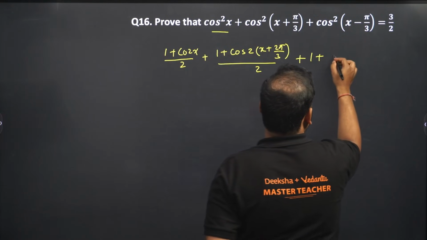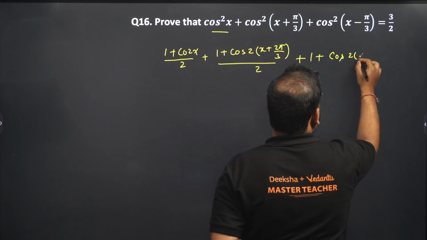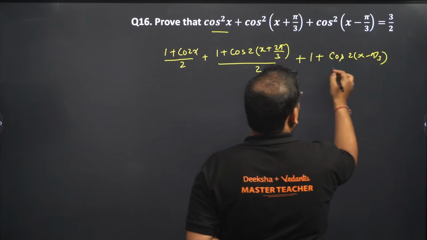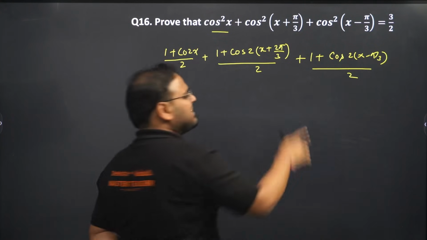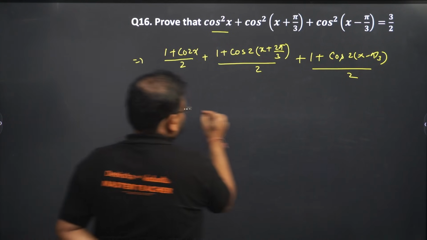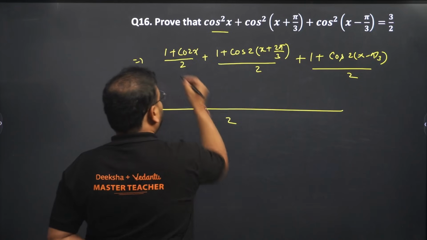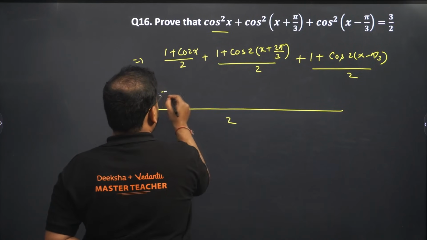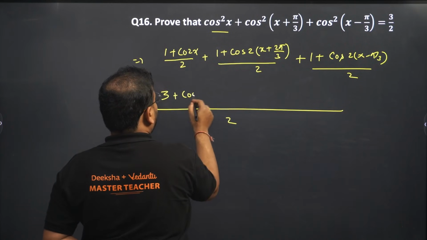Then (1 plus cos twice of (x minus pi by 3)) by 2. The denominators are the same, so club them together. 1 plus 1 plus 1, 3, cos 2x.